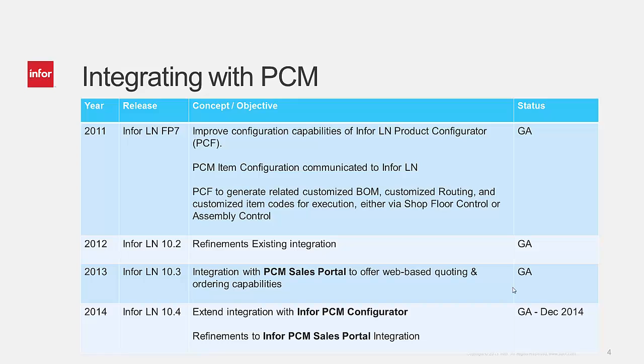Now, with the release of Infor LN 10.4, we have extended the integration with the Infor PCM configurator by enabling PCM to configure both BOM and routing within PCM with no dependencies on PCF within LN. In addition, refinements are made to the Infor PCM Sales Portal integration.